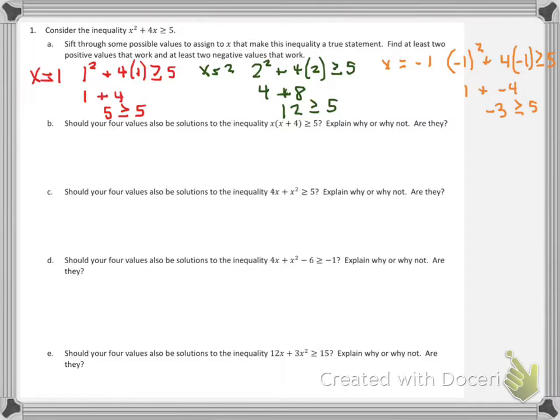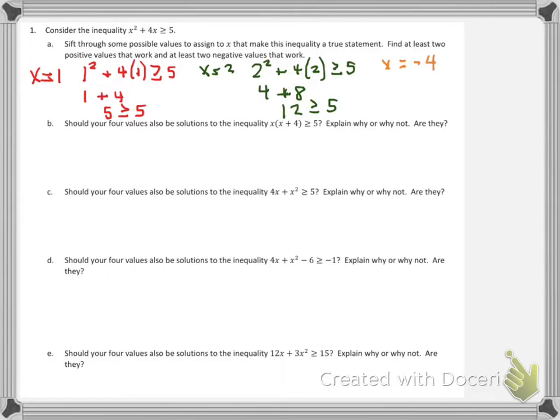I want maybe my negative 1 to get a little bigger when I square it. So maybe negative 3 would give me a 9, and maybe that will work. I'm going to go a little bit bigger and say maybe a negative 4. So let's go back here and try x equals negative 4.